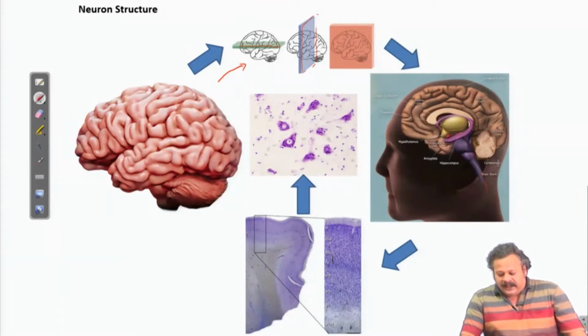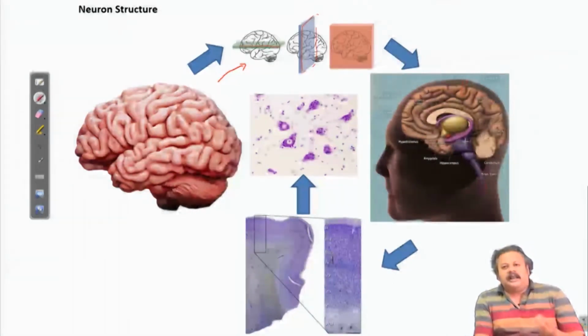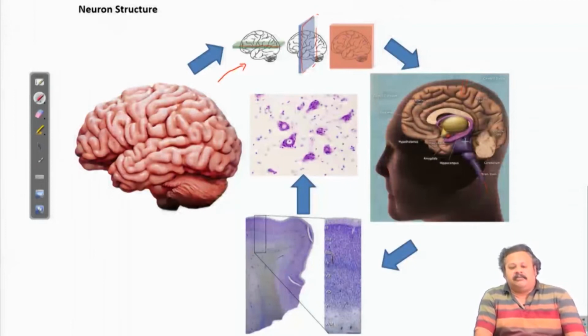So if we take sections of the brain, a particular part of it, and then do staining with appropriate stains to mark out the different cell bodies present in the brain, then it would look somewhat like this.